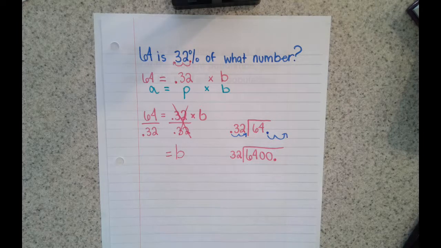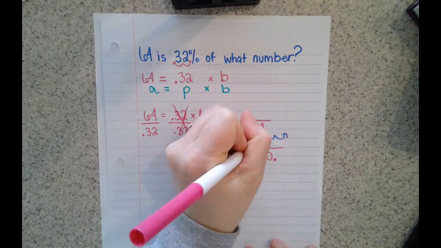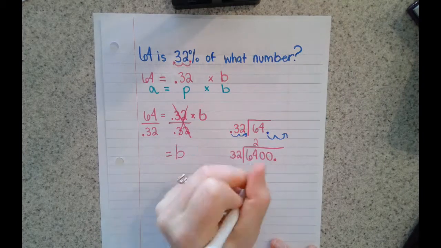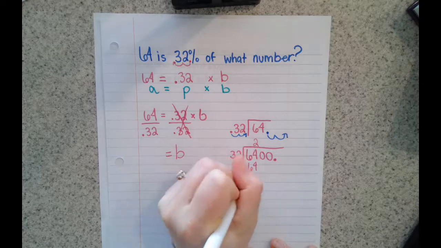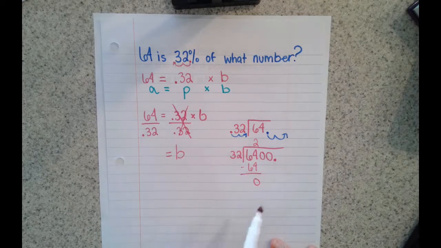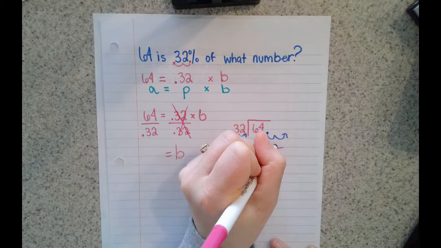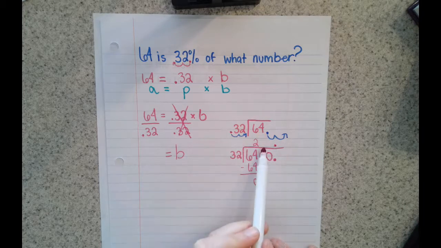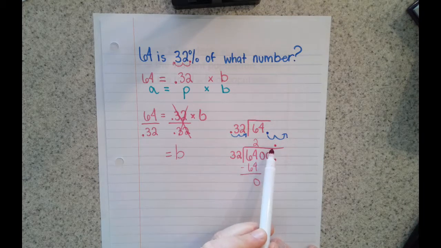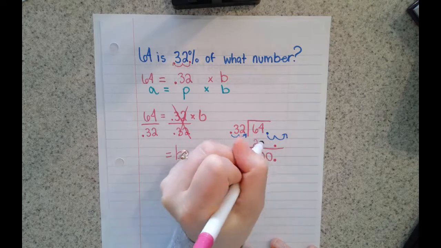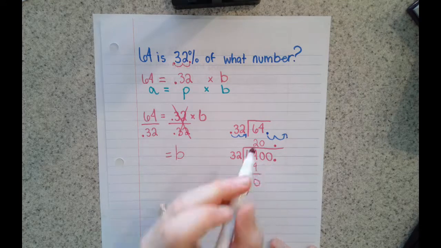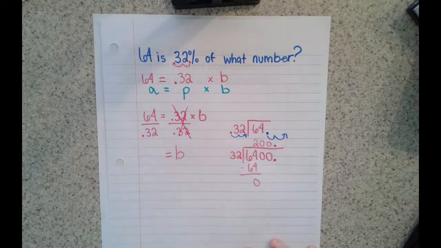So I know that 32 can fit into 64 exactly 2 times. 32 times 2 is 64. Okay, but the decimal point is way back here, and I have to fill in these blanks. 32 fits into 0 0 times, and 32 fits into 0 0 times.